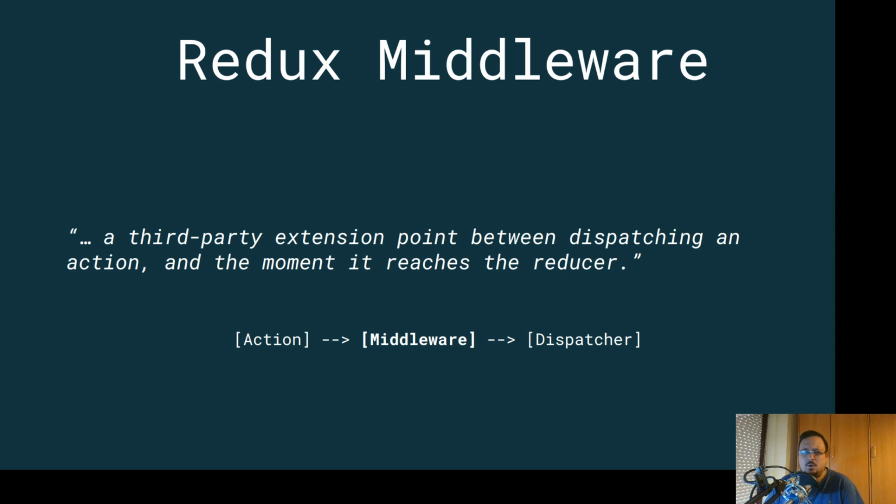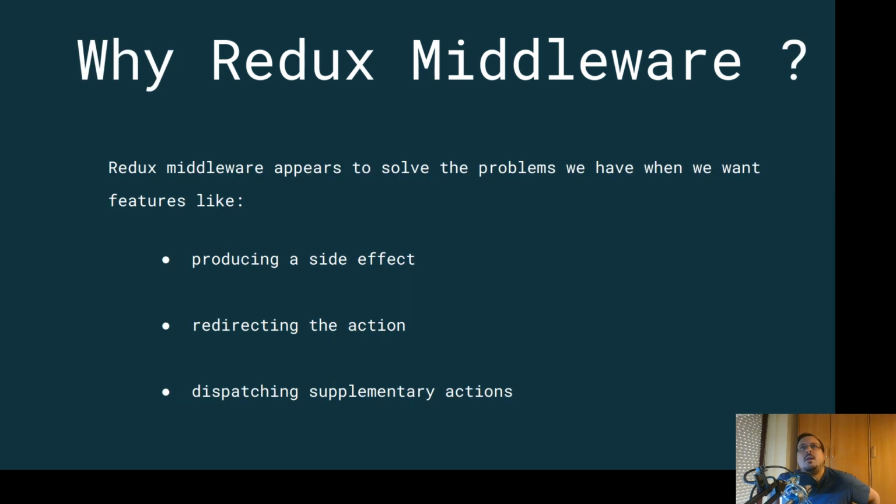But why would we like to use this kind of technology? There are a lot of uses, but the most important are these: if you are using Redux and, in the actions or reducers, you want to do some side effect or an asynchronous request.